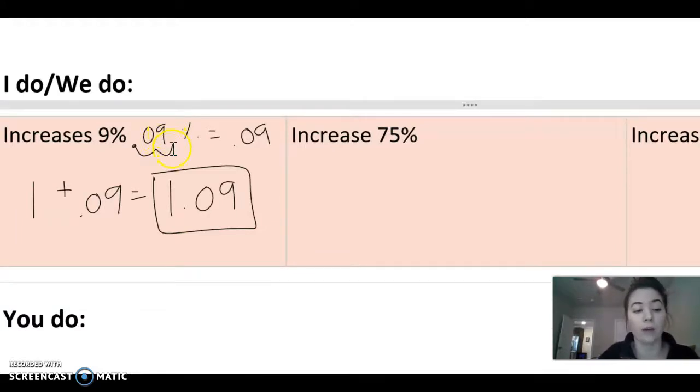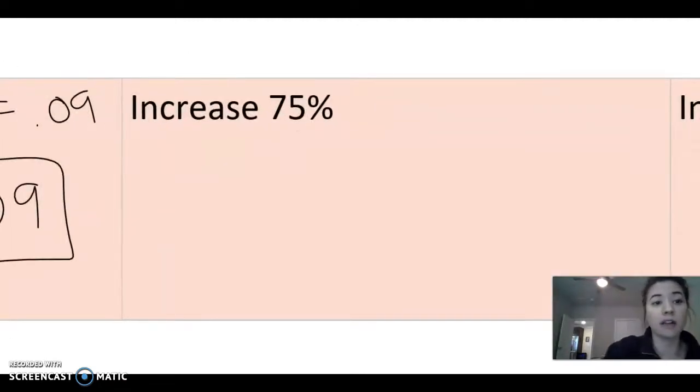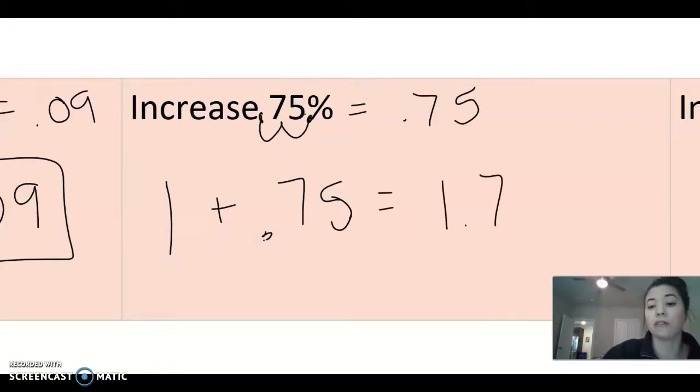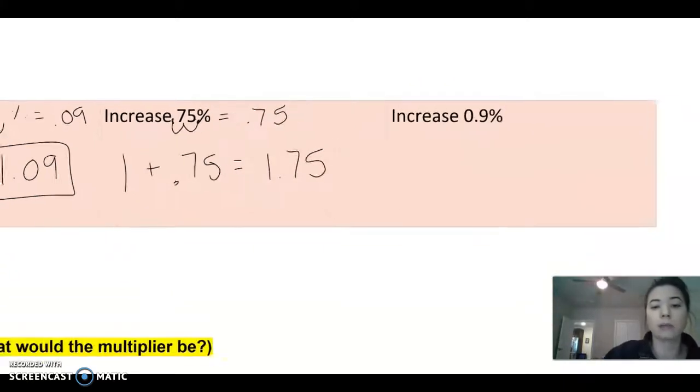Remember, when we're moving that decimal place, if we go past however many numbers there are, so here we were moving it 2, but 9 was the only number we had, we keep going and put a 0 in its space. Here, for 75%, we move that decimal twice, and it comes right out on the end. So now we do 1 plus our rate, and we get 1.75. That would be my multiplier.